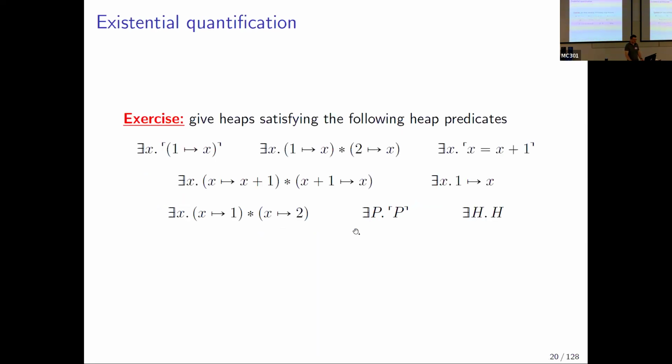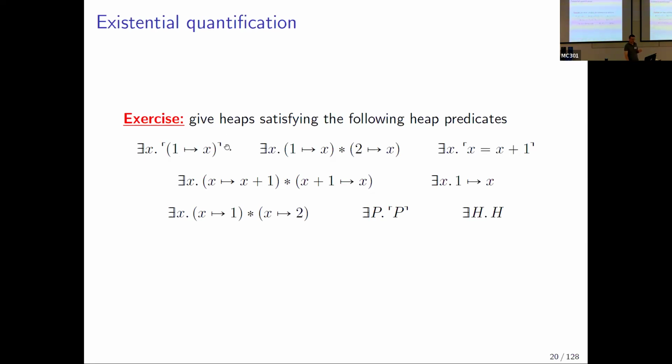Okay. You should just look at those and try to imagine which heaps satisfy those heap predicates. I'll go slow, I'll read them. There exists an x such that 1 points to x, but it's inside of those brackets.